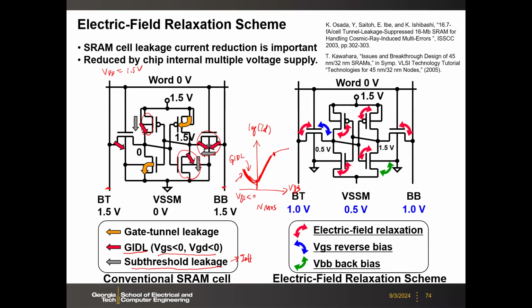And then here, it also has this orange one, which is basically just the gate current, IG. This one is not very important for today's transistor, because it is minimized by the high-K metal gate already.